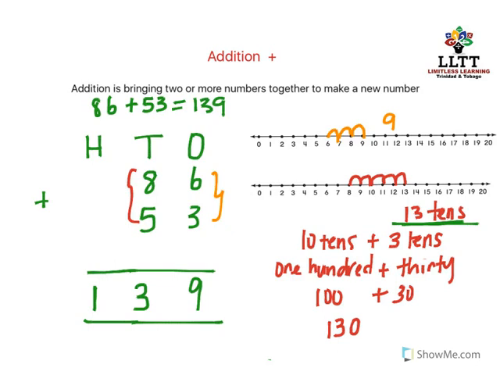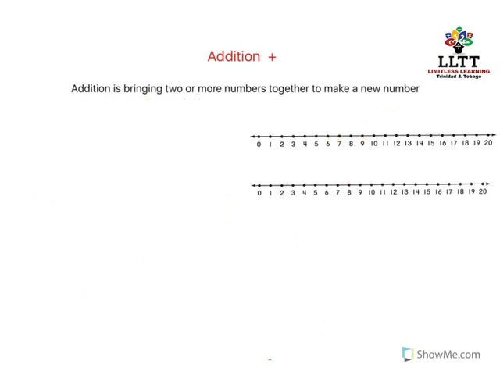Let's look at another question. This one is a little more challenging. So we're looking at 279 plus 800 and 63.